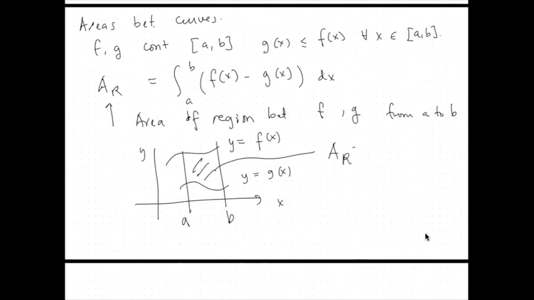Now, that's it. This is a sort of a height function. Your height here, let's call this height, is the upper function or the greater function minus the lower function on that interval.